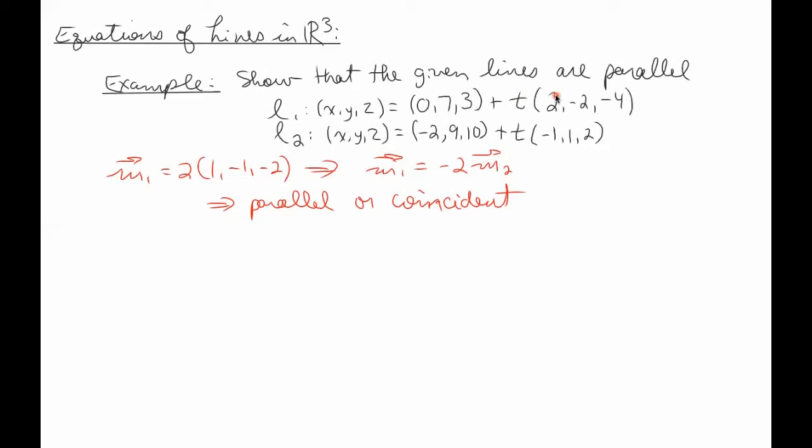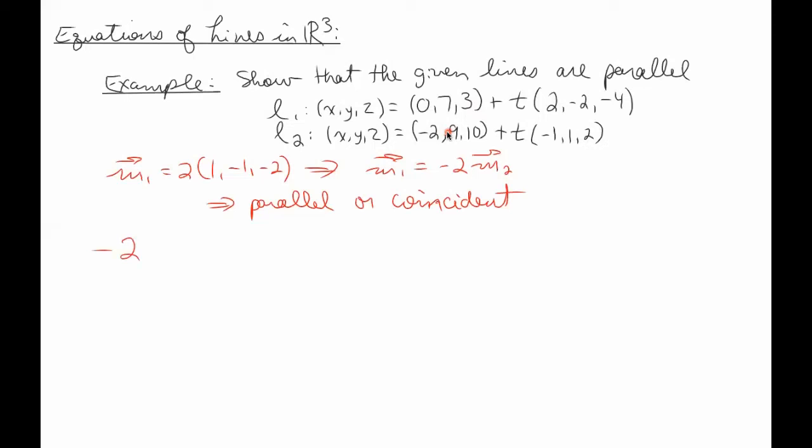Well, how do we do that? We use the parametric equations of L1, meaning if the point -2, 9, 10 is on L1, then there must be the same t from L1 that can be expressed to find -2, 9, 10, meaning I'm going to look at each component.